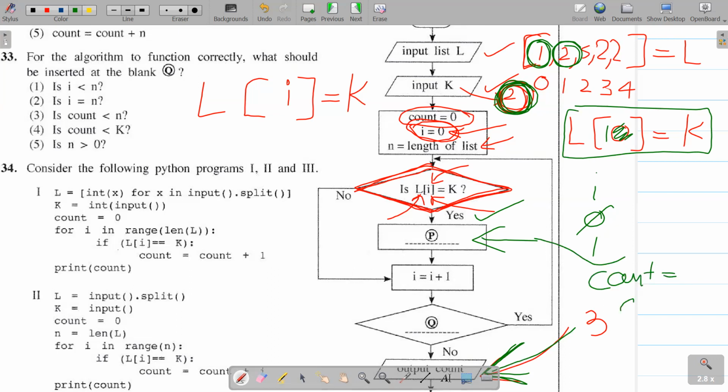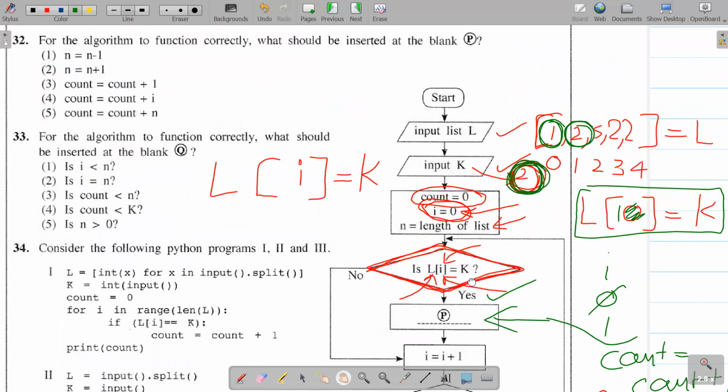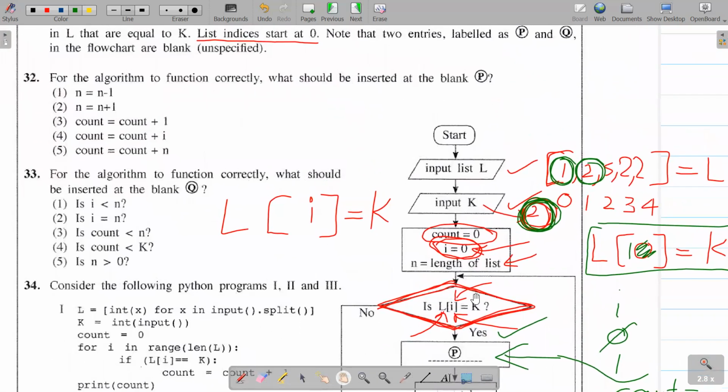So the answer is going to be the third one. Third answer. Right? Clear?